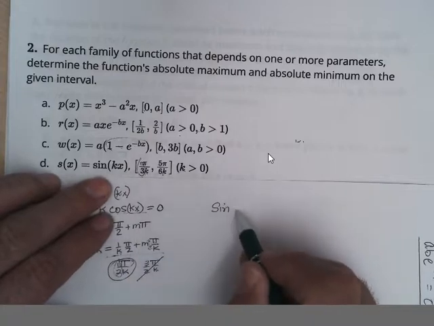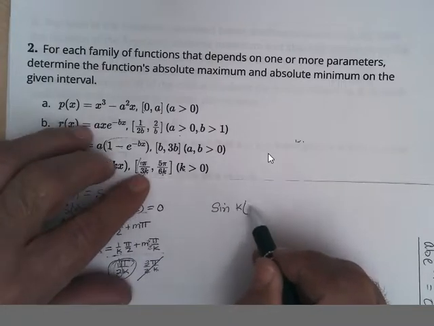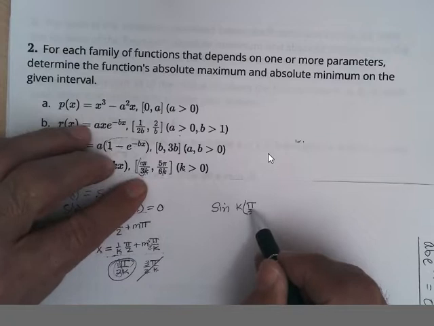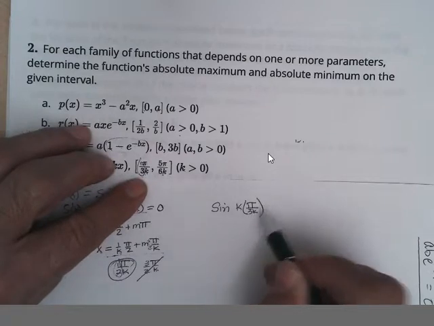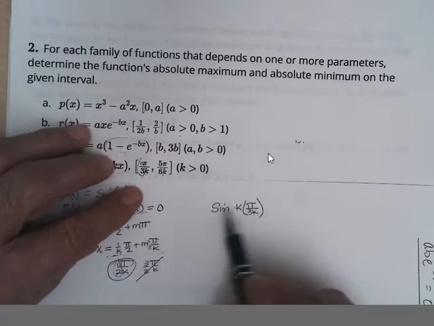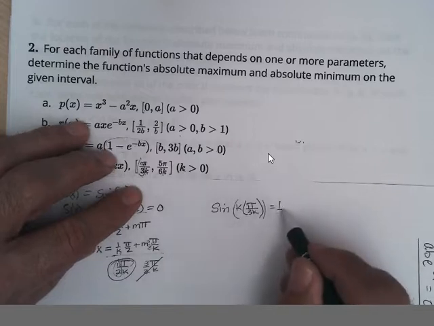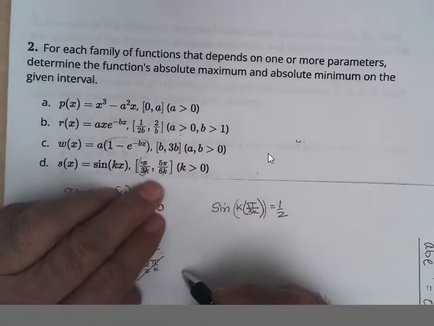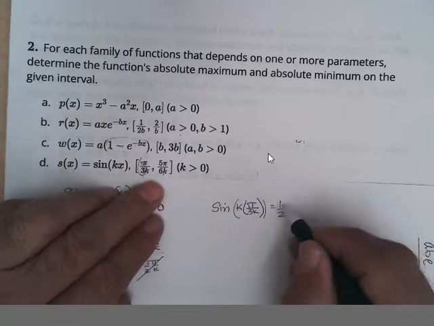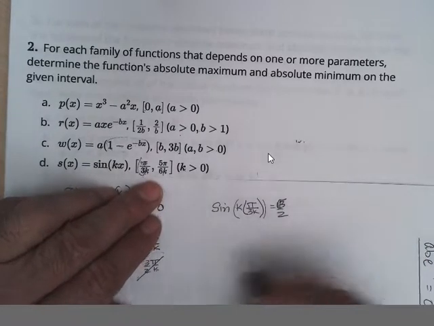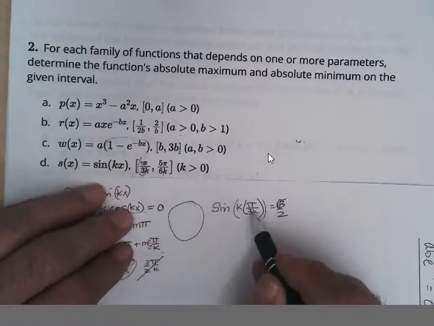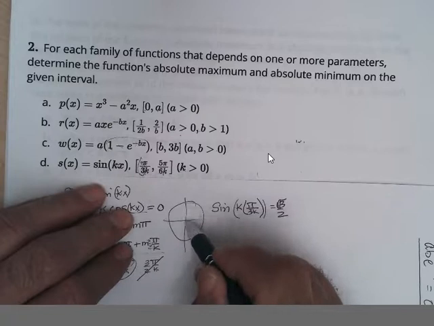sine of k times this x, pi over 3k, and the k's cancel, and sine of pi over 3 is, no, square root of 3 over 2. Pi over 3 is 60 degrees.